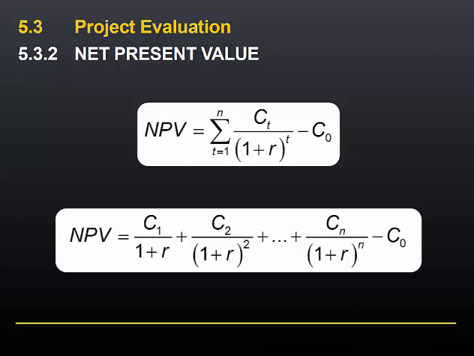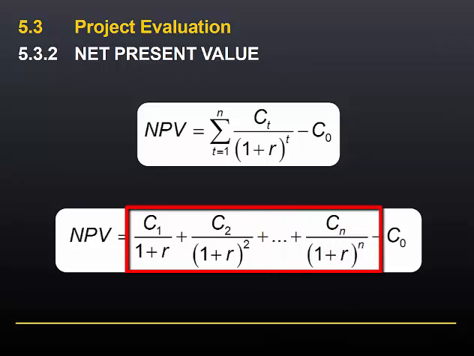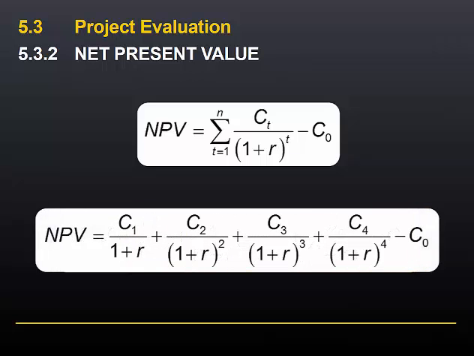Then we add up all the present values and subtract the initial outlay. We can therefore express the formula this way: the present value of the first cash flow plus the present value of the second cash flow, and so on up to the nth cash flow minus the initial outlay. For example, we can calculate the NPV of a 4-year project using this version of the formula.